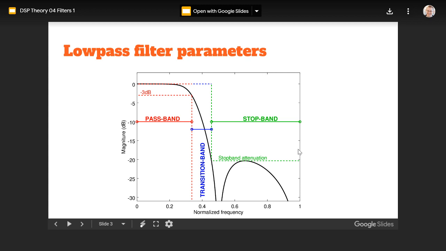Then it has the stop band, which is defined by actually a point in the frequency magnitude response graph. Stop band attenuation is based on the last point when the passband stops, and where we still are having enough stop band attenuation. So it's basically defined by that point here.